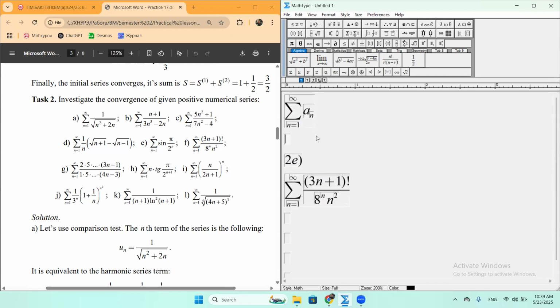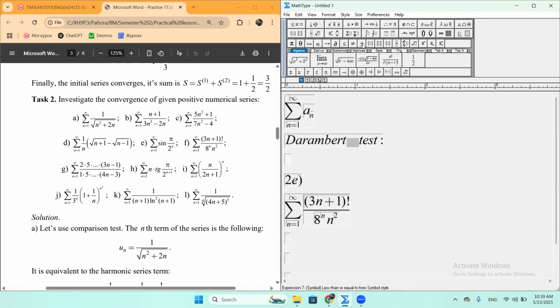What will we use here? We will use the D'Alembert test. Let me remind you how to use it. We will calculate the following limit.